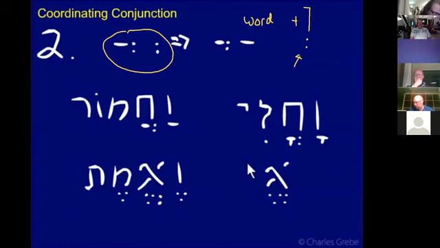In the previous page, he showed what happens when there is an article there, and now he's talking about this rule where normally this first shava disappears and it becomes the vowel corresponding to the vowel over here. So that's what he's doing.